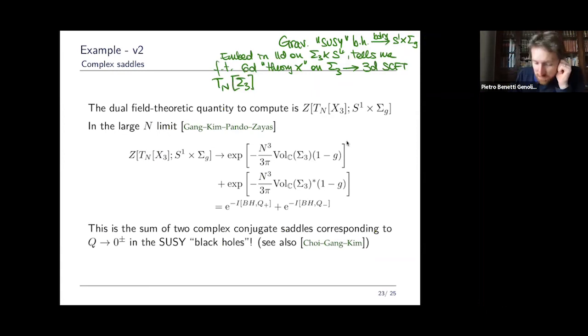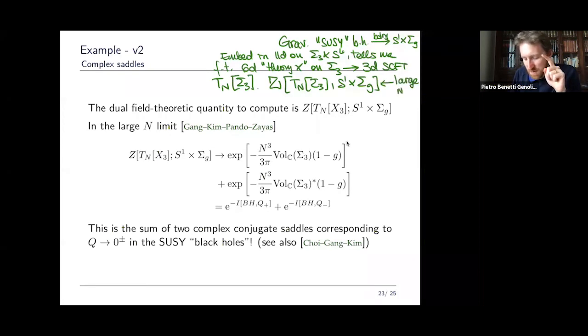Now, you want to compute the partition function of Tn sigma 3 on S1 times sigma g, and then you need to consider the large n limit of this. This is the object that you should compare with.